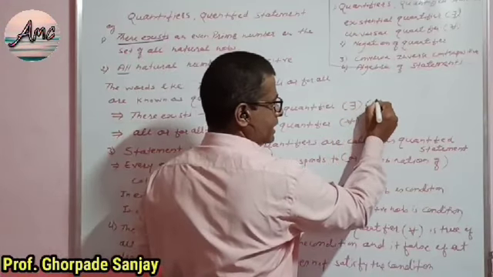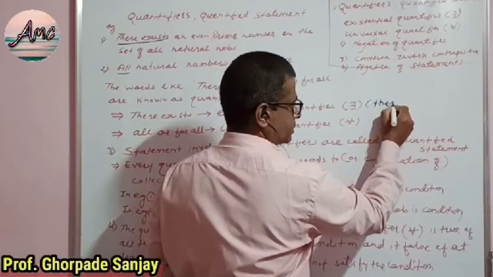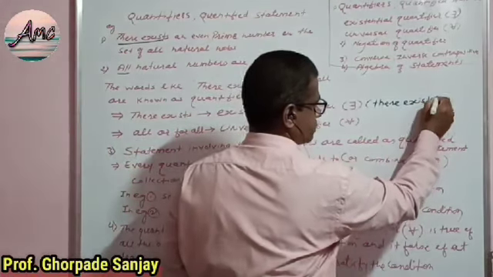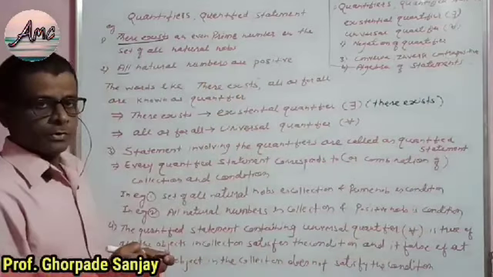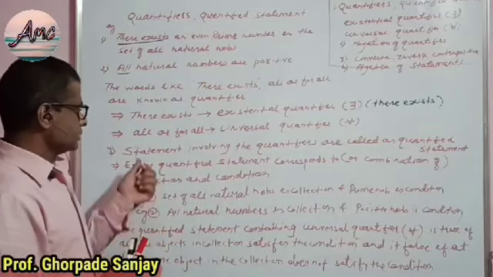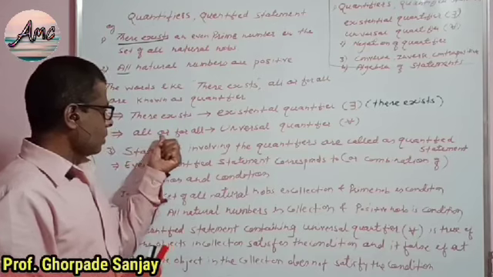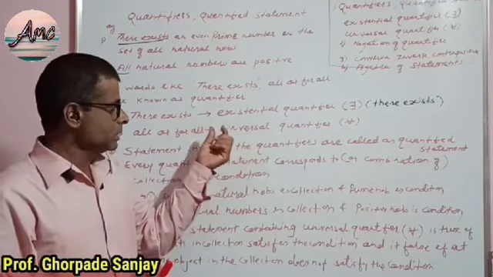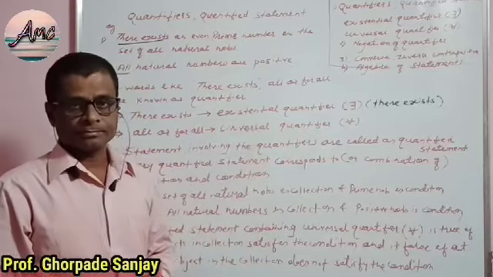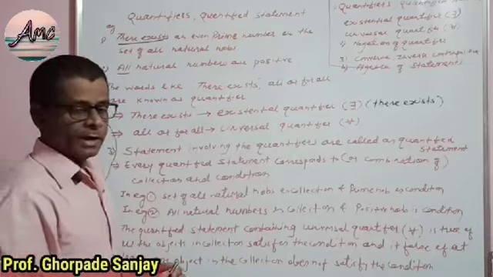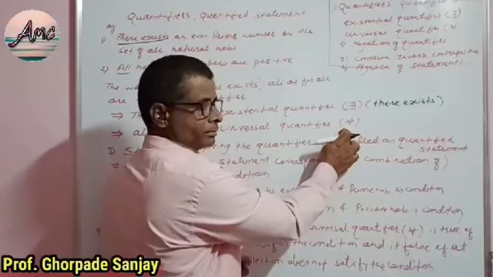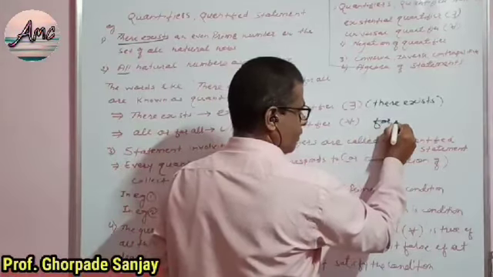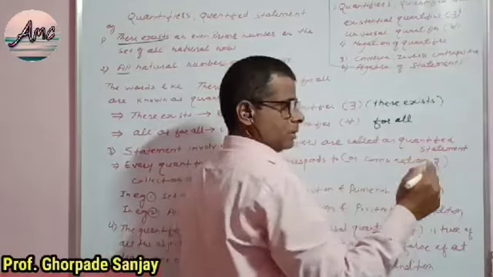Read it as "there exists". Whereas the word all or for all is known as the universal quantifier, denoted by the symbol like this. Read it as "for all".